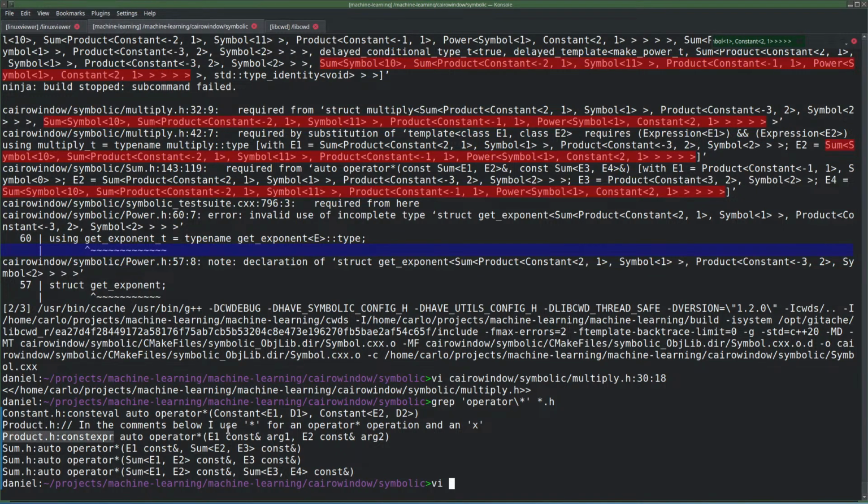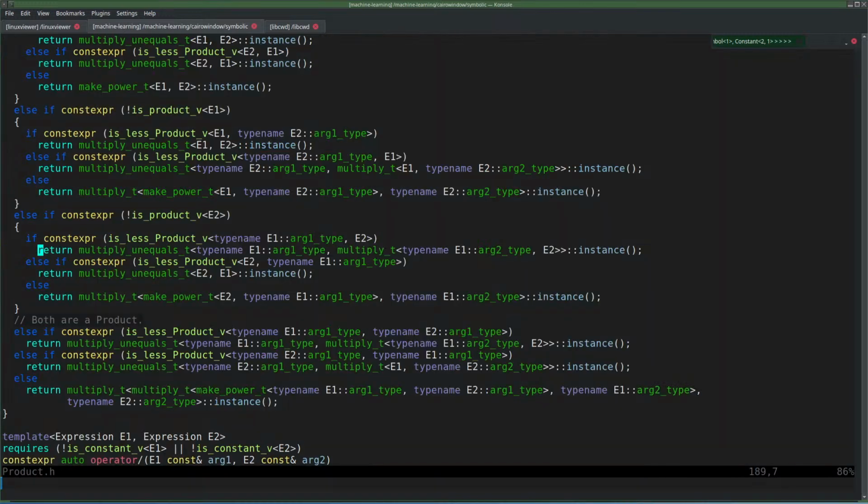So this is the code that I copied from product. Product is not a multiplication. It's a product of symbols, exclusively symbols, and a constant. One constant and symbols.